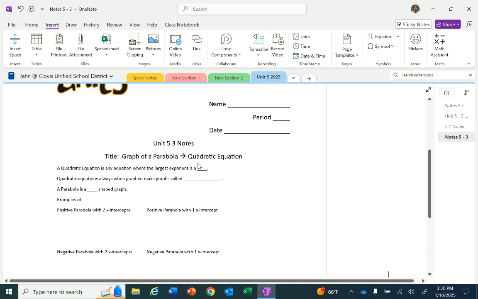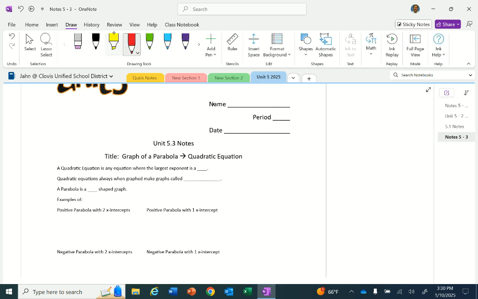All right, a couple of things that we've been going over at the beginning of every section so far of Unit 5. A quadratic equation is any equation where the largest exponent is 2. Quadratic equations, when graphed, always make graphs called parabolas.